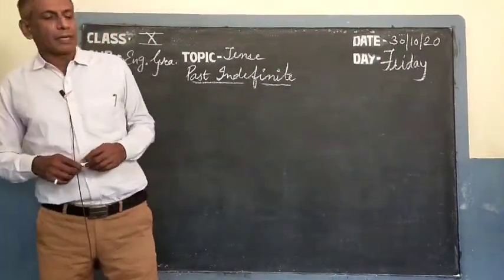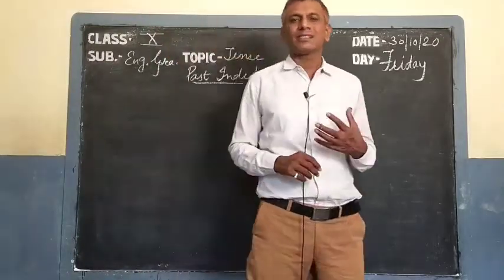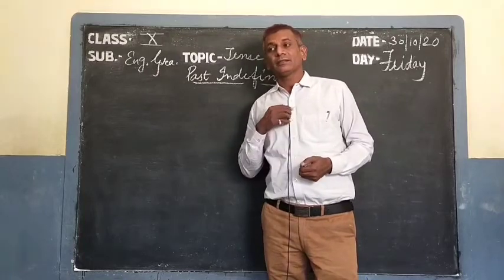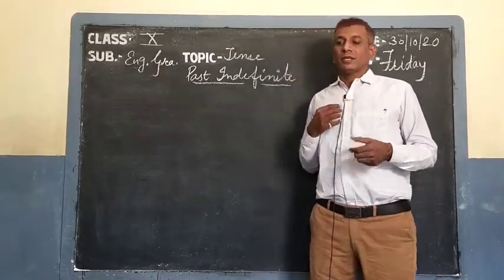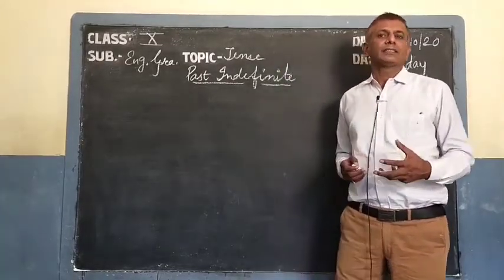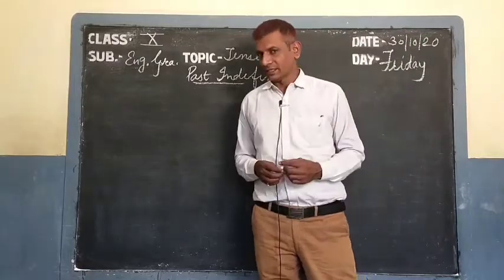I told you in the beginning about the finite verbs, that the present and the past forms are called the finite verbs, and these finite verbs help to frame a sentence, to begin a sentence.